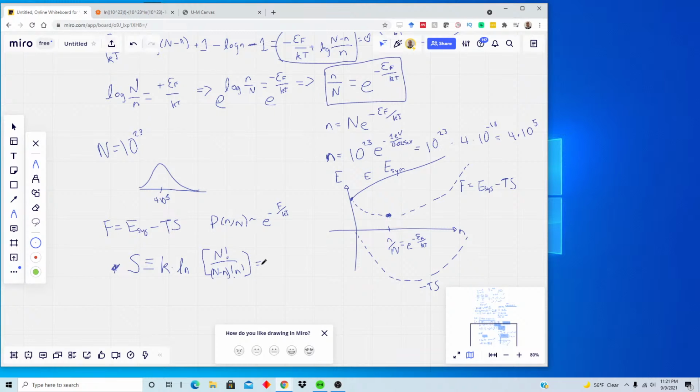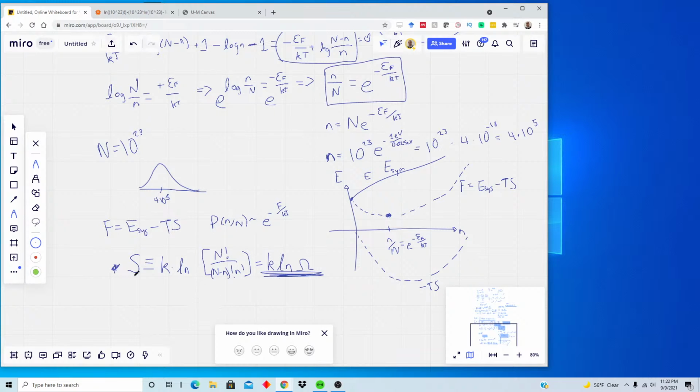That you end up getting this term out, and this is basically where the Boltzmann equation comes from for entropy. I just thought that was the coolest thing ever. I had never seen a presentation, or at least that I could remember, that stuck out in my head.